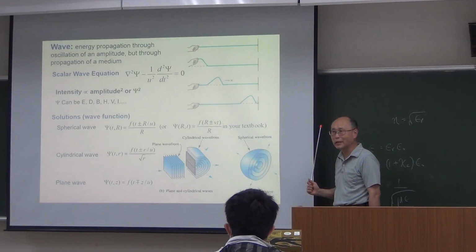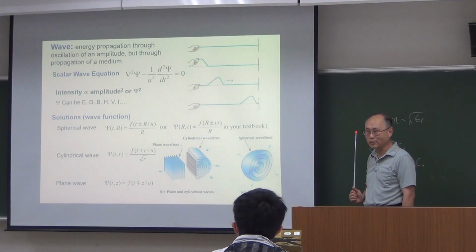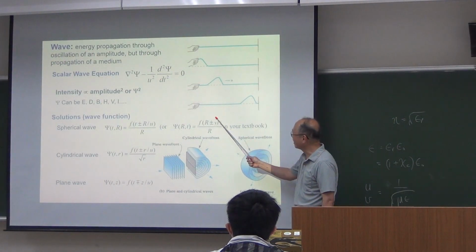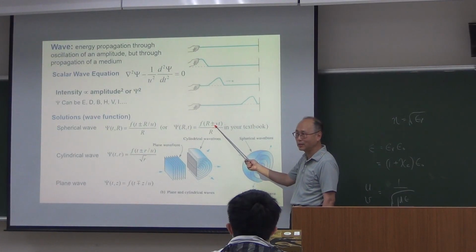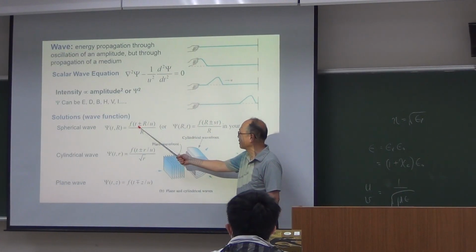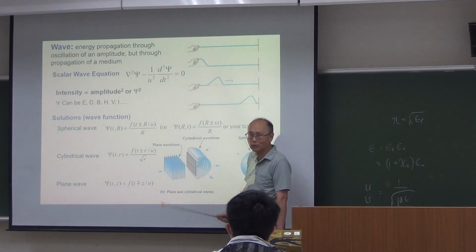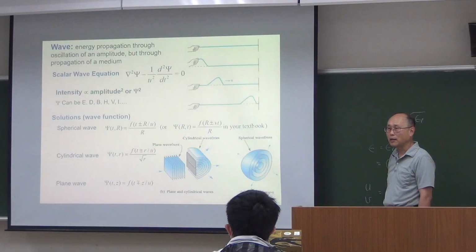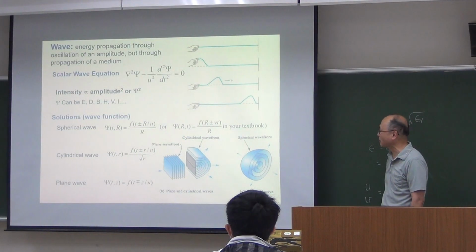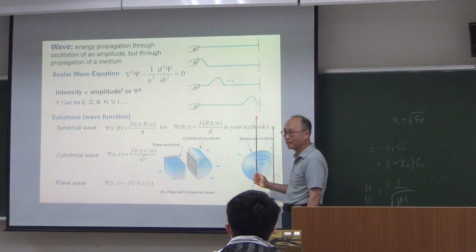The important thing is not the symbol, the important thing is the physics. In your textbook, the argument is written as r plus or minus vt. But it's the same. You can write t plus or minus r over u. It just tells you that the wave function has a dependence on this argument.